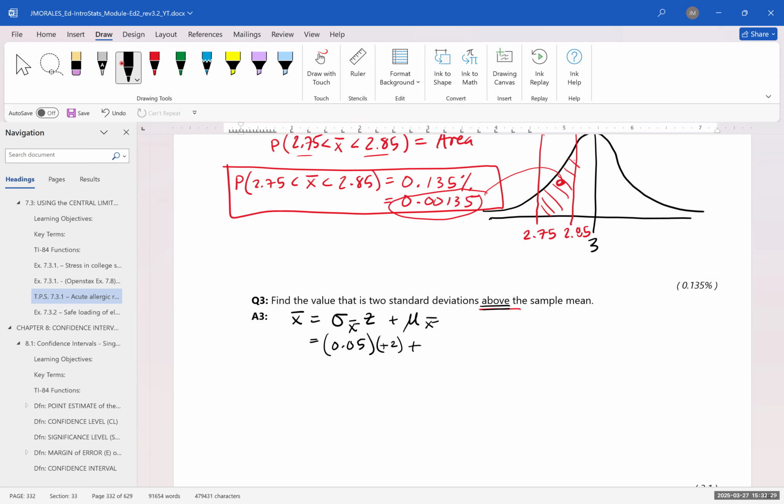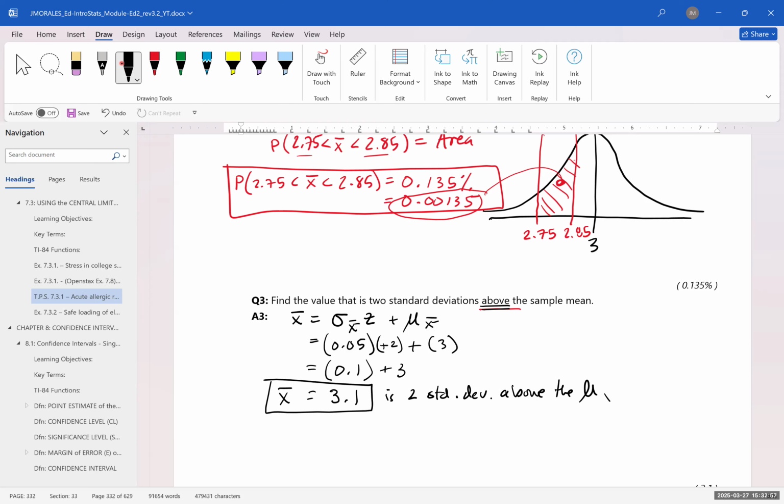And then the mean was 3. And so 0.05 times 2 should be 0.1 plus 3. That's going to be 3.1. So 3.1 is 2 standard deviations above the mean.